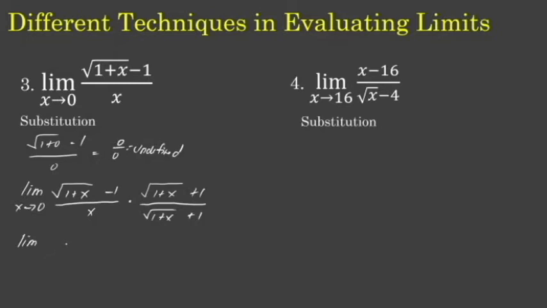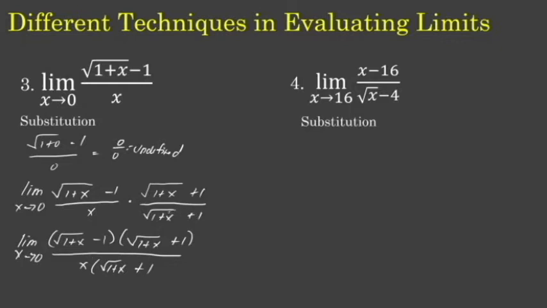Okay, so meron tayong tinatawag na square root of 1 plus x minus 1, ayan, multiply na lang natin, square root of 1 plus x plus 1 all over x times square root of 1 plus x plus 1 as x approaches to 0. Okay. Then afterwards, FOIL method natin yung dalawa na to, FOIL method natin sila.